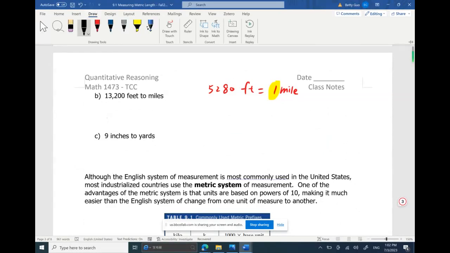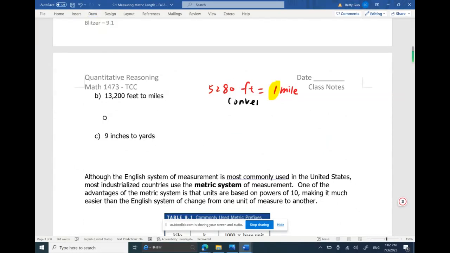Let me write down the definition one more time. Conversion factor. On some occasions, both of the two numbers are 1. Then in that case, the conversion factor is just 1. So in this case, the number different from 1, which is 5,280, that's our conversion factor, all right?